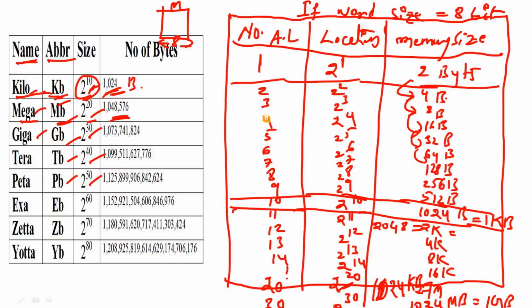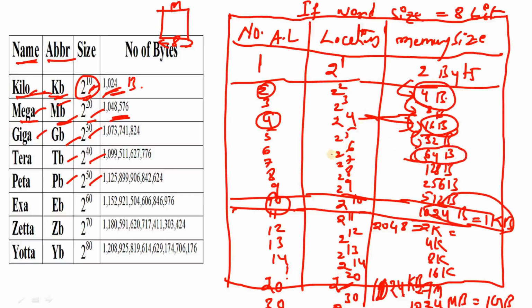In this tabular form, we observe that if the address lines are 3, automatically you can say directly 8 bytes, and with 4 address lines, 16 bytes of memory we are going to access. If there are 2 address lines, how much memory can we access? 4 bytes. If there are 10 address lines, then 1 kilobyte of memory we can access. Or suppose you want to access 64 kilobytes of memory, how many address lines are needed?